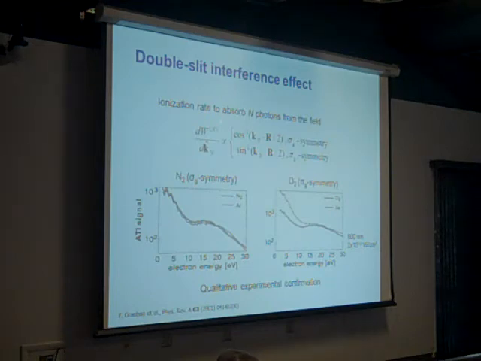And this measurement has been done, and it was compared always to a molecule and an atom which have the same ionization potential. You can very nicely compare this because you need the same number of photons to absorb it. And you see N2, which has a bonding symmetry, more or less follows exactly that one of Ar, because over this whole regime, the cosine squared is more or less 1.